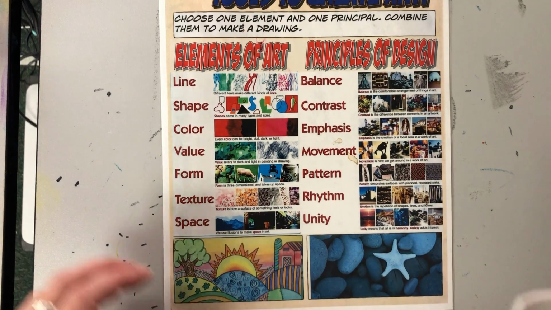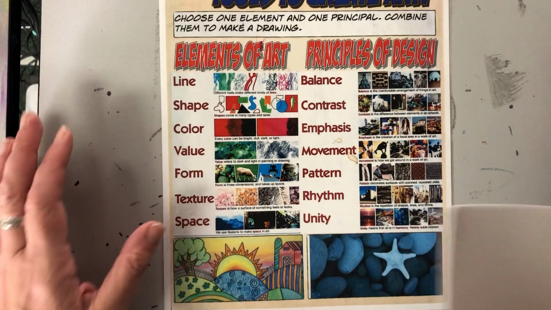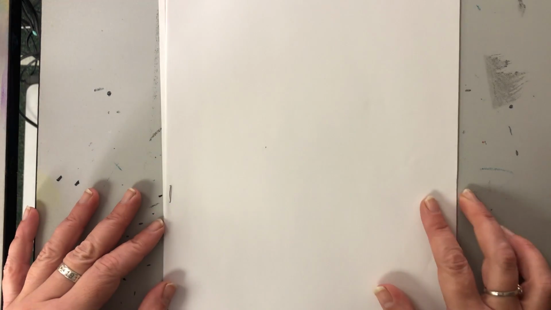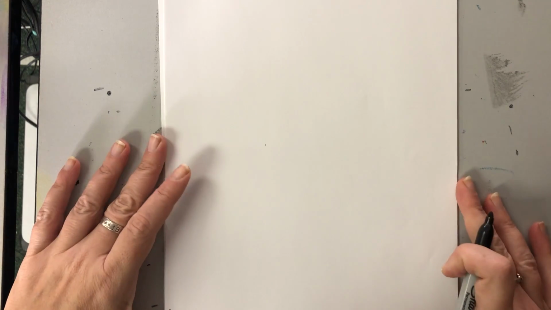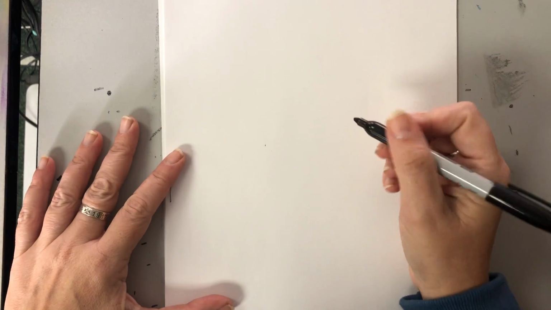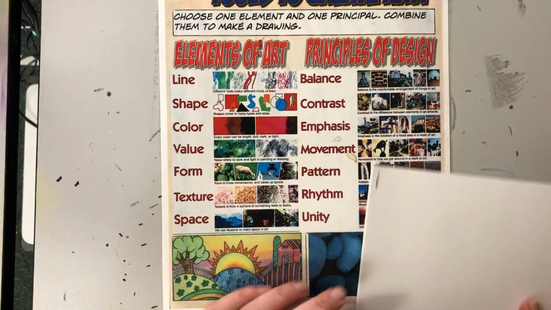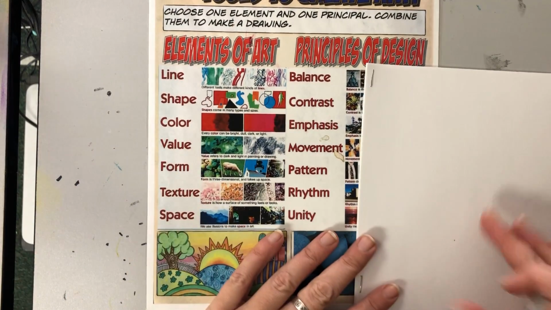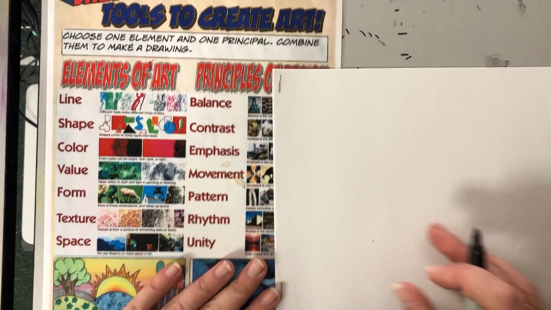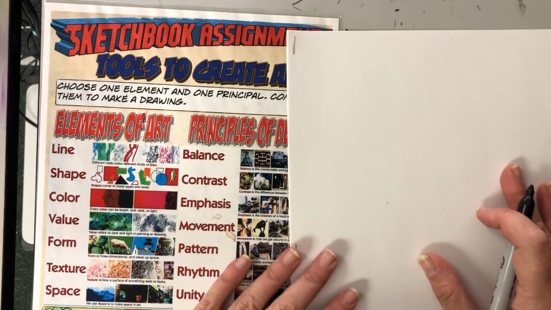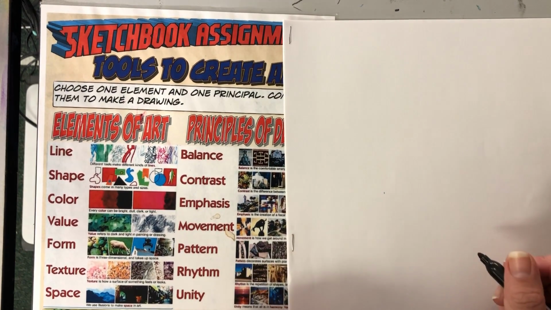So you would go into your sketchbook or on a sheet of paper, start drawing out an idea and coloring it in, and then use some detail, use good craftsmanship for this, and then label it.